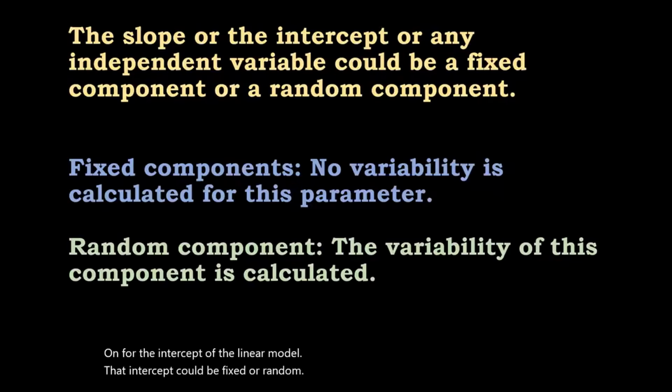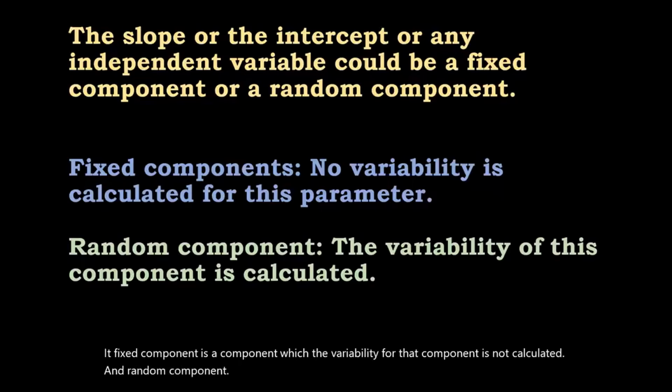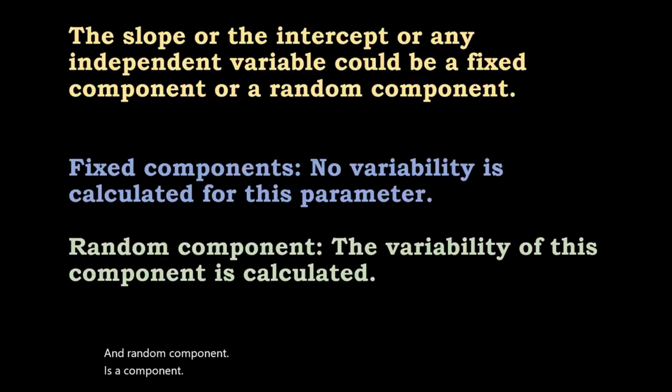Okay, what is fixed and what is random? A fixed component is a component for which the variability is not calculated. And a random component is a component for which the variability is calculated.